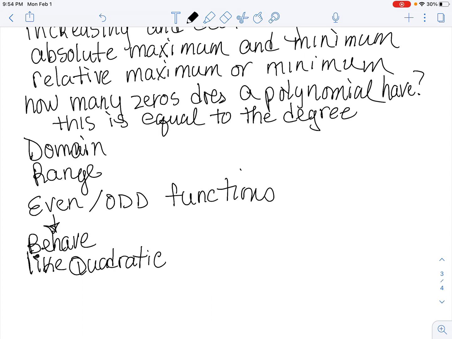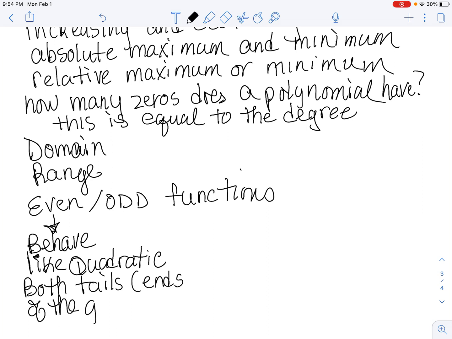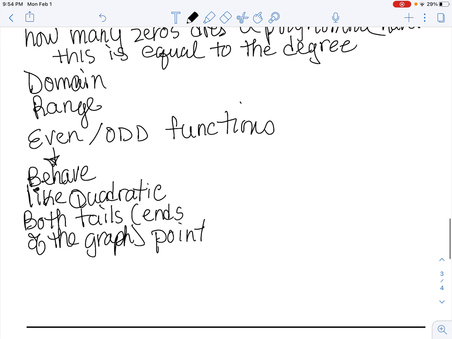So those are your quartic, x to the fourth, x to the sixth. And the reason they're even is both, I'm going to call them tails, which is kind of like the ends of the graph, point in the same direction.